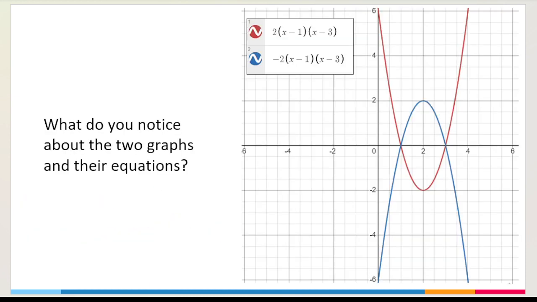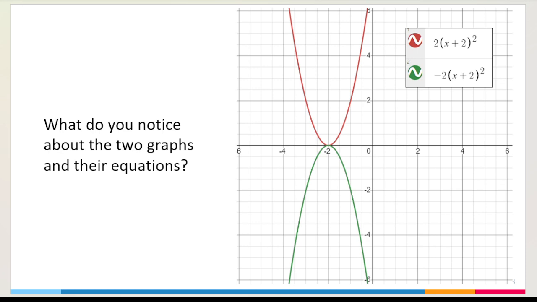When we look at these two equations here, what we start to be able to pick up is that there is a big difference with them. And again, this goes back to transformations. Everything is going to relate back to that. Looking at our red line, we have a positive 2 at the front, and our blue line has a negative 2. So we've got a positive smiley face, a negative frowny face.